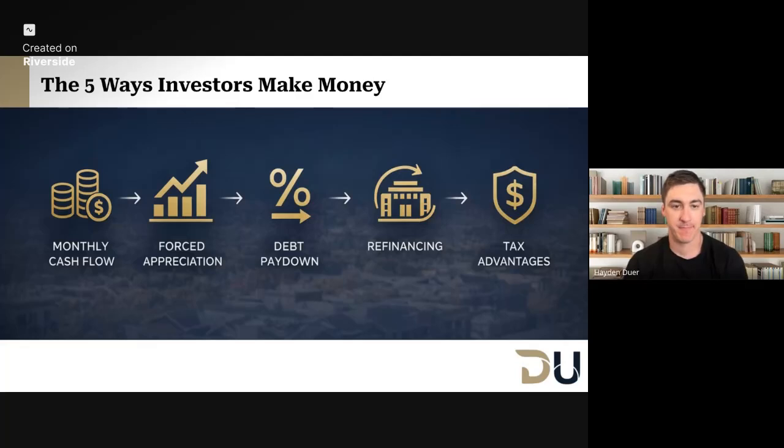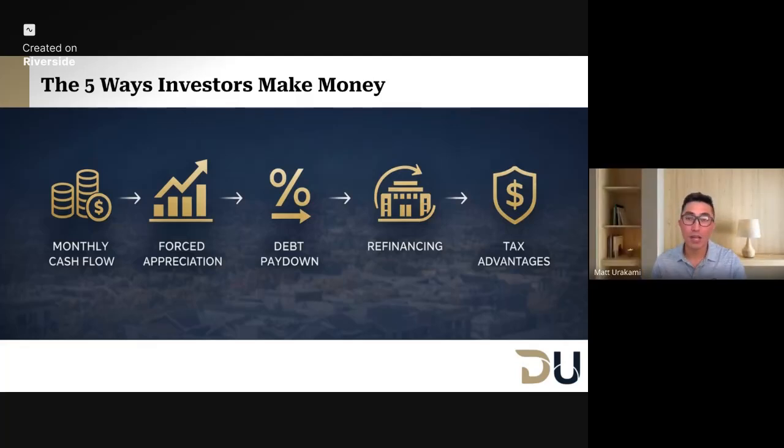Very well said. As mentioned earlier, there are 5 ways to make money through a syndication. There is monthly cash flow, and the forced appreciation, meaning when the sponsors or the general partners go in, renovate units, and increase rents, basically increasing your net operating income. There is the principal pay down as you pay the mortgage monthly.